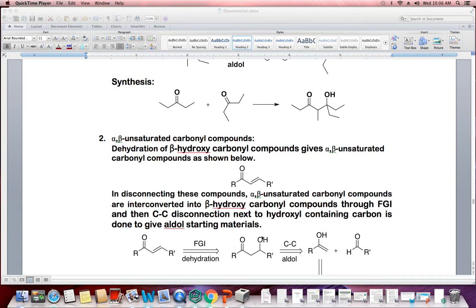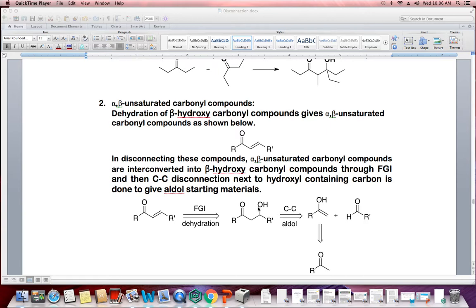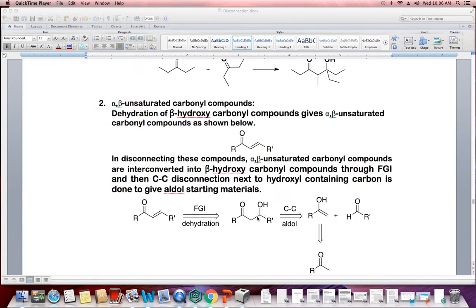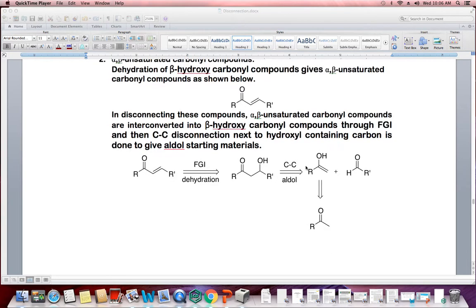So when we have this beta hydroxy aldehyde or beta hydroxy ketone, next we move to the first step, that is, we disconnect the carbon-carbon bond next to the hydroxyl functionality. There we will get the enolate part of the carbonyl compound, and the rest will be the carbonyl compound or carbonyl functionality as a starting material. Now, when this enolate ion is converted into a reagent, we will get the carbonyl compound.